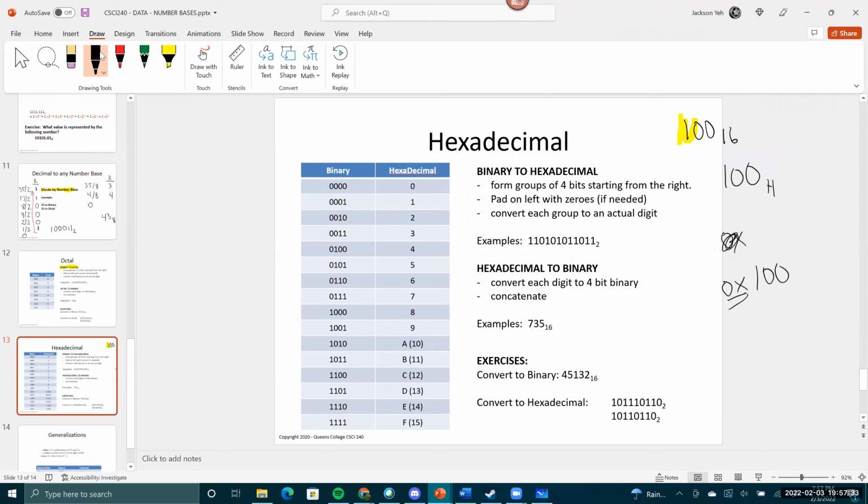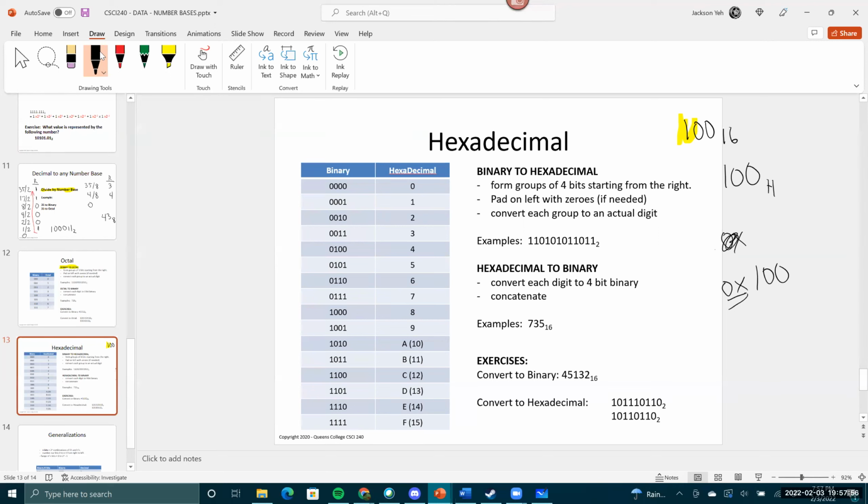It's hex. So with that being said, how do I translate that to binary? The way to do it is to look at the number of bits. Notice that instead of 3, it's 4 bits, because you need 4 bits to represent 16 values.